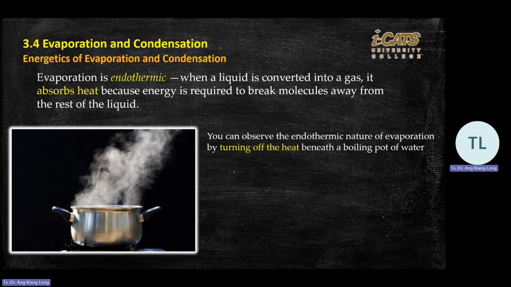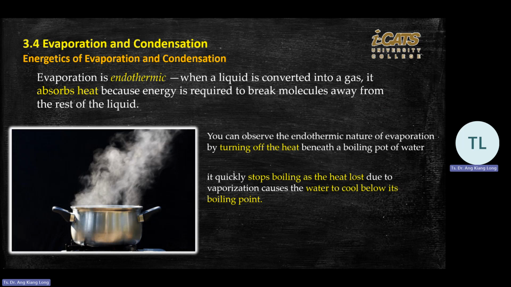You need to explain whether it is an endothermic process or exothermic process. So first, evaporation is an endothermic process because energy is required, you absorb energy to break the intermolecular forces. You change the state. Okay. The rest you read.